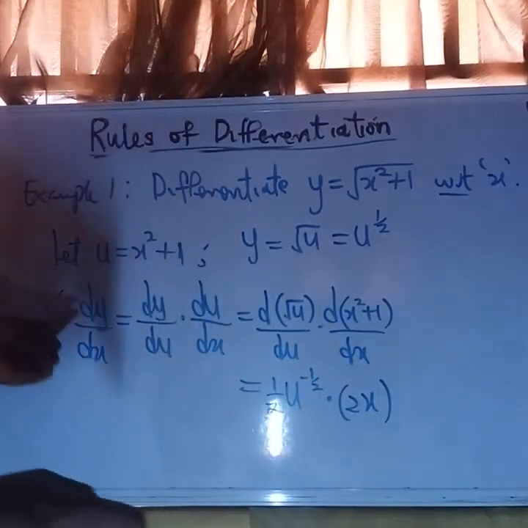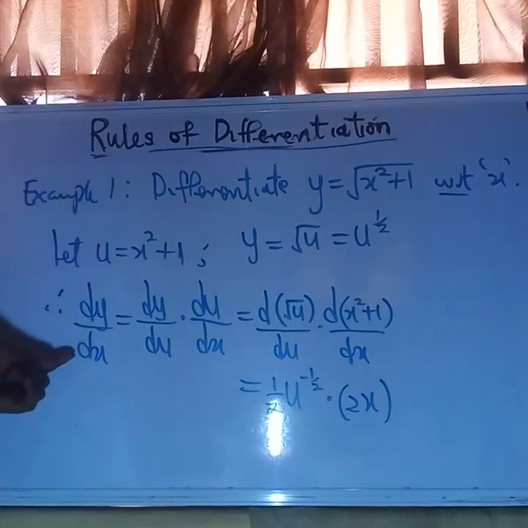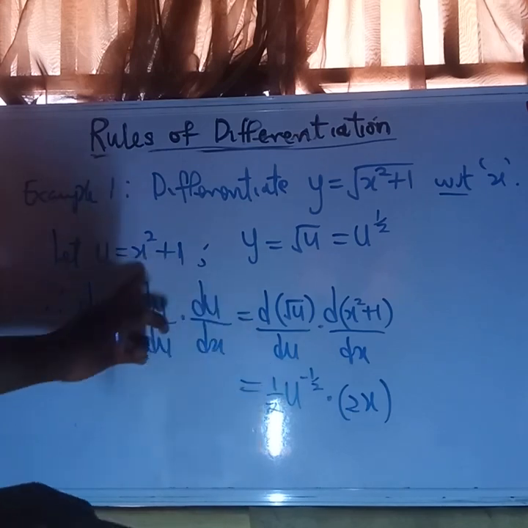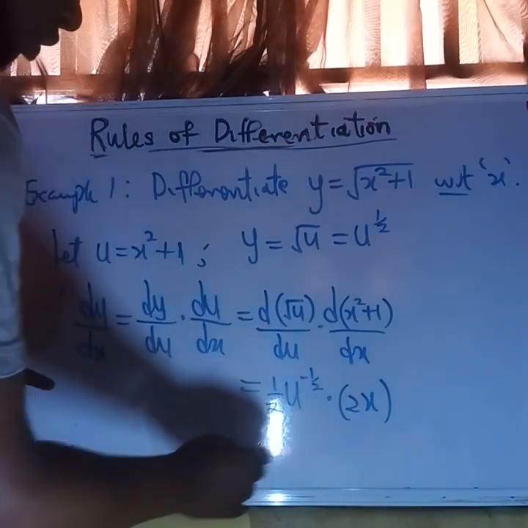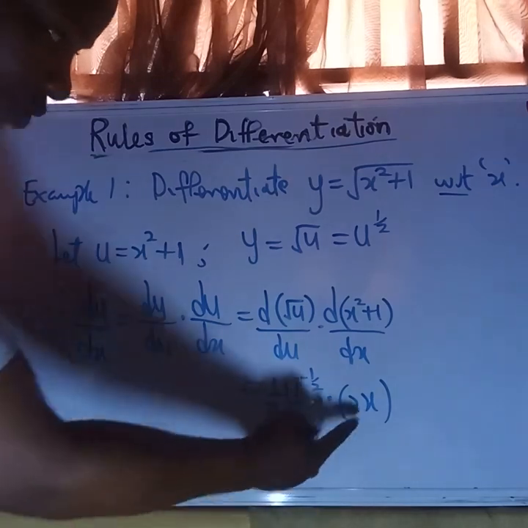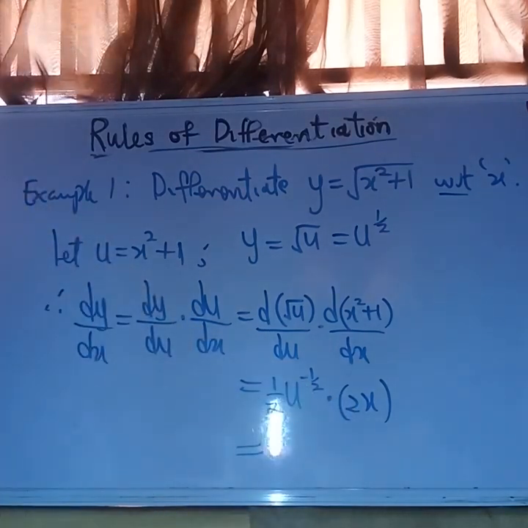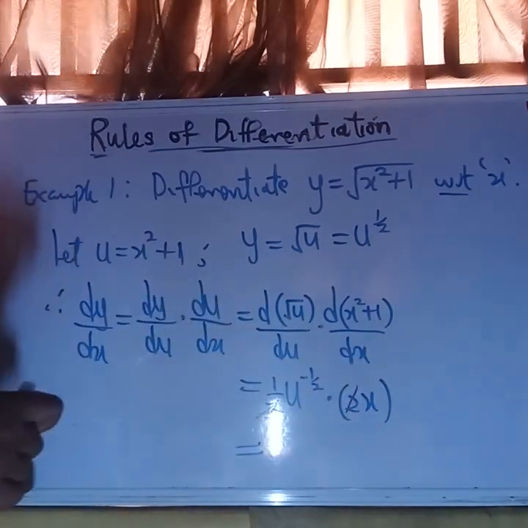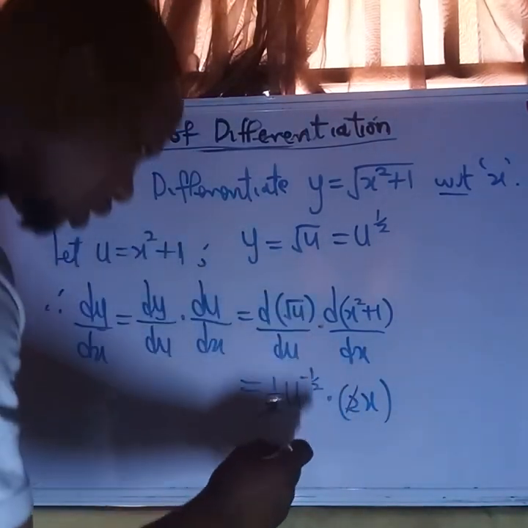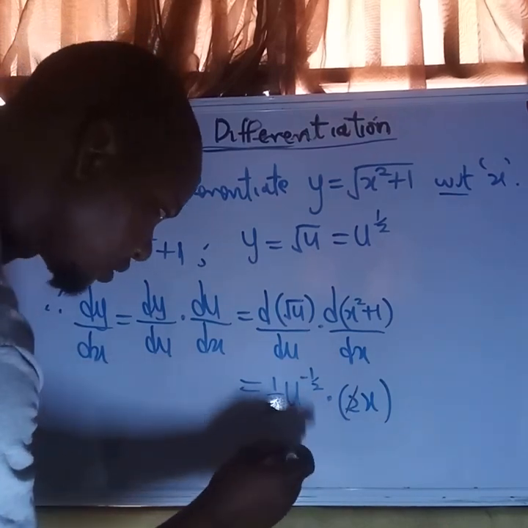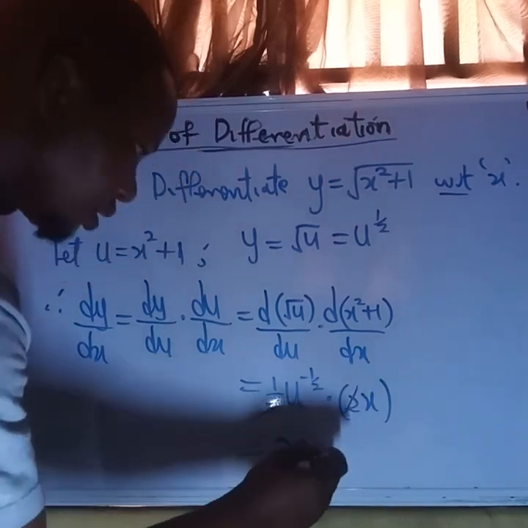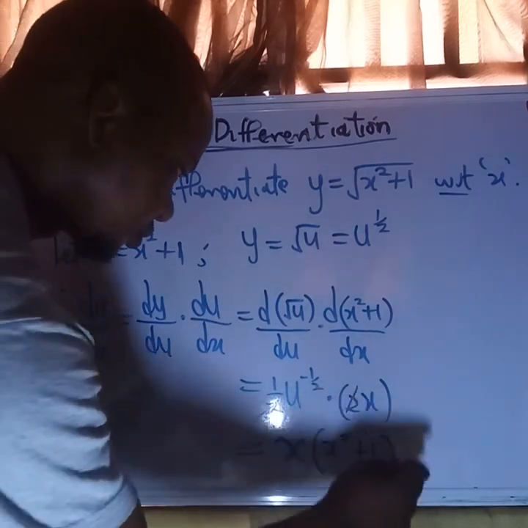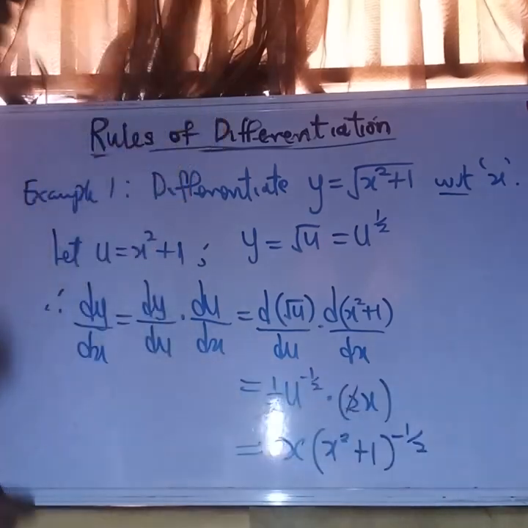Since the derivative is with respect to the variable x, the term u will be replaced by its original form. We see that these two cancel out, and we are left with x multiplied by x squared plus 1 raised to the power of negative a half.